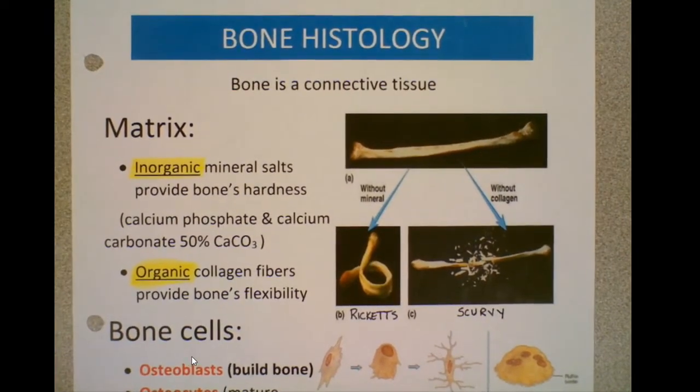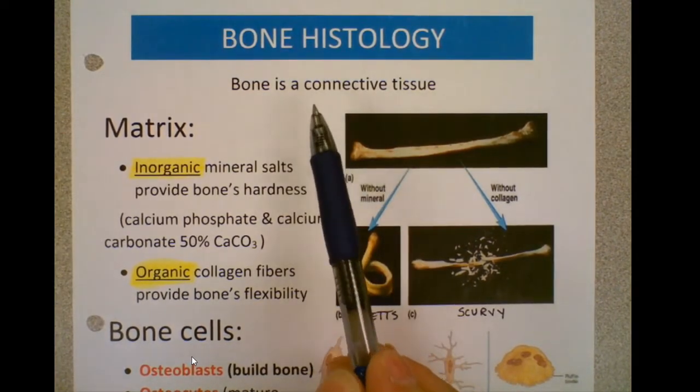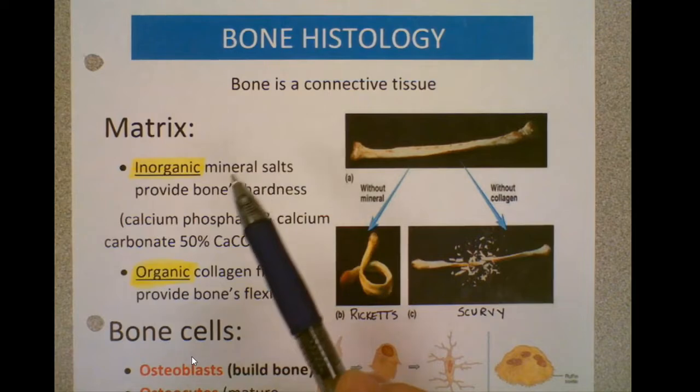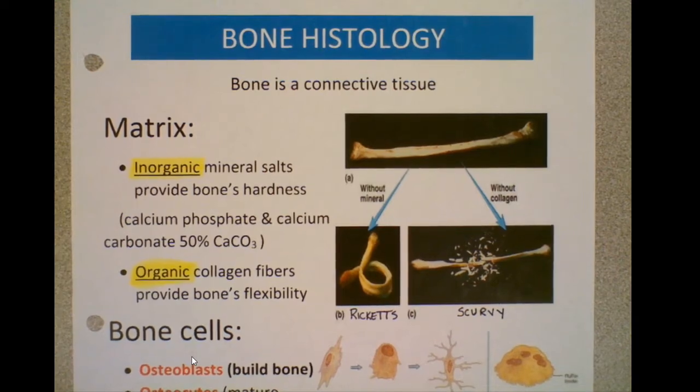Now, bone is a type of tissue called connective tissue. And you'll learn this more in A&P 2, but there's only 4 types of tissues in the human body, and connective tissue is one of those.